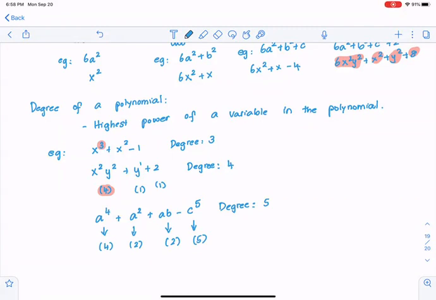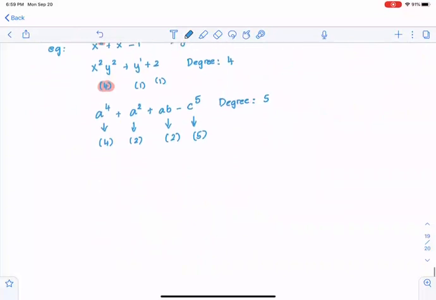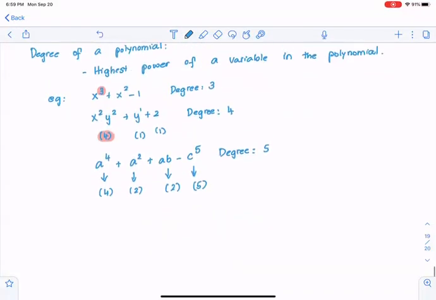So if we simply had one variable, it's often easy to find the degree. But if we have more than one variable, we just have to use this process of adding the powers to determine the degree of the polynomial. So typically, we also write to denote a polynomial as p of x, just like we do a function of x.